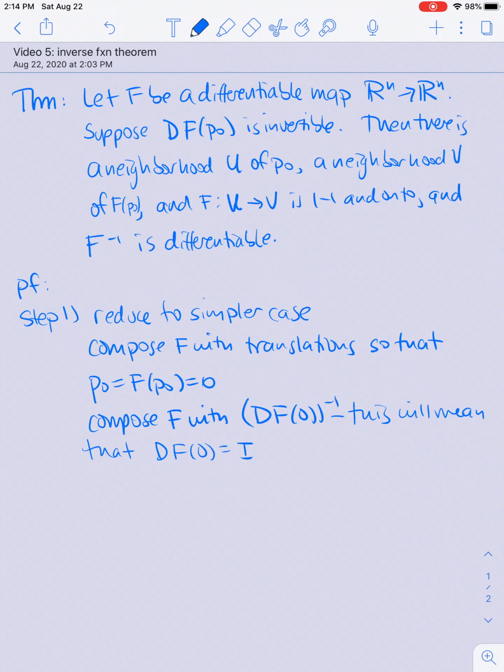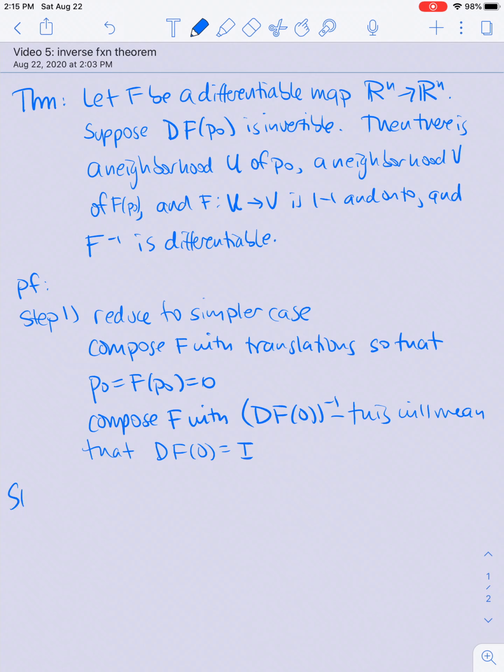So this simplifies our life by a lot, and the reason why we can do this is, again, the chain rule. Essentially, nothing will really change. We're just doing a change of coordinates. And because df at 0 is invertible and non-singular, we're basically just changing coordinates on the domain and range.